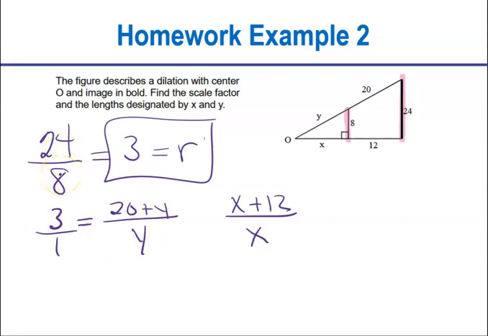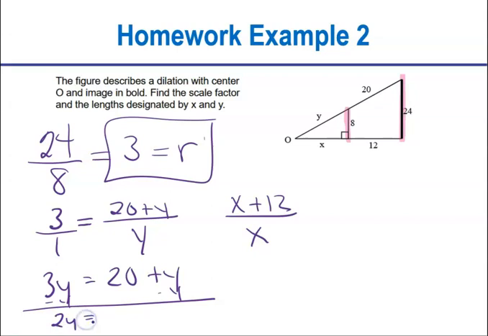It's easier math. You cross multiply when you're trying to solve a proportion. So 3Y is equal to 20 plus Y times 1, which is 20 plus Y. I'm going to solve for Y, so I need to subtract Y on both sides of my equation. Why am I doing that? Because I have a subtraction property of equality that says whatever I do to one side, I can do to the other. 2Y equals 20, so that means Y is equal to 10.